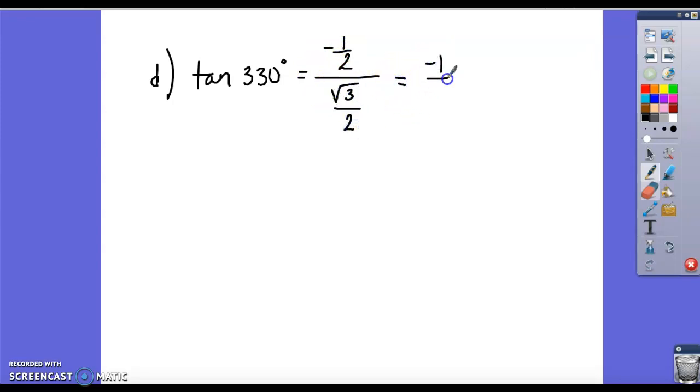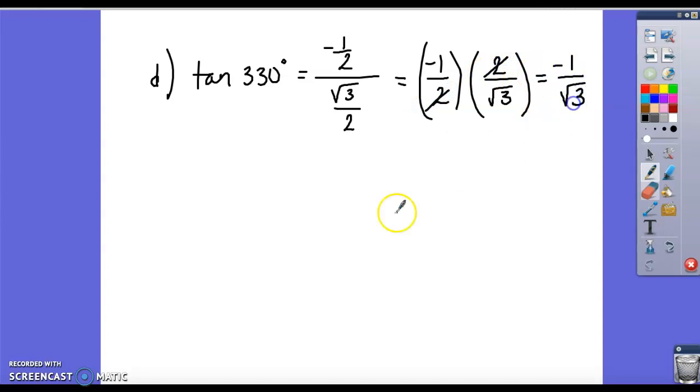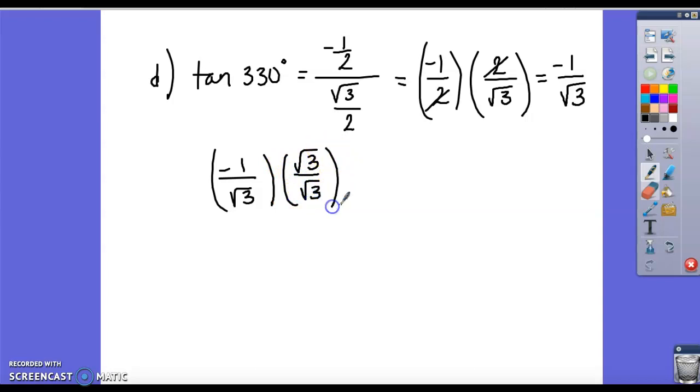When I divide fractions, I take the numerator and I multiply by the reciprocal of the denominator. Those cancel out, and I have negative 1 over the square root of 3. However, when we give these answers, we really need to rationalize the denominator. We want that radical out of the denominator. So to do that, I'm just going to multiply the top and the bottom by the same thing that's in the denominator. So this would be negative square root of 3 over 3.